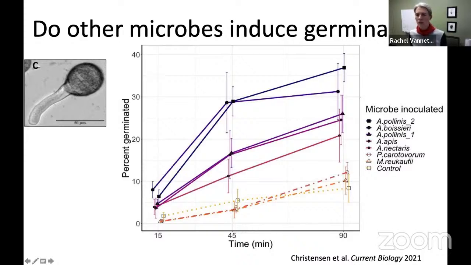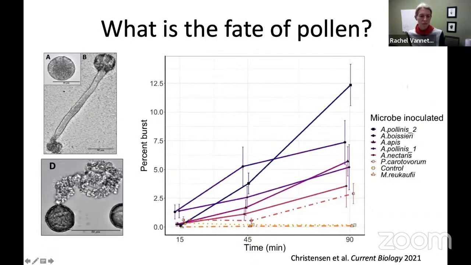In comparison, all of the Acinetobacter species cause this pollen to germinate and start to grow a pollen tube. If we look at the fate of that pollen, we see that most of the pollen that has germinated also bursts later on.